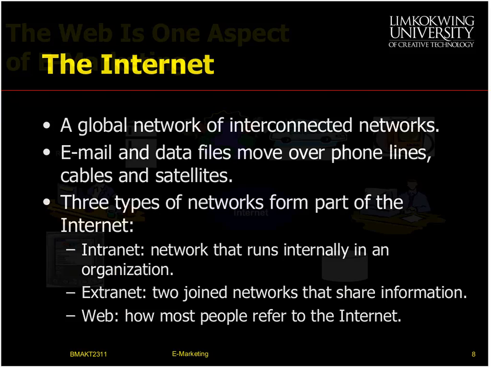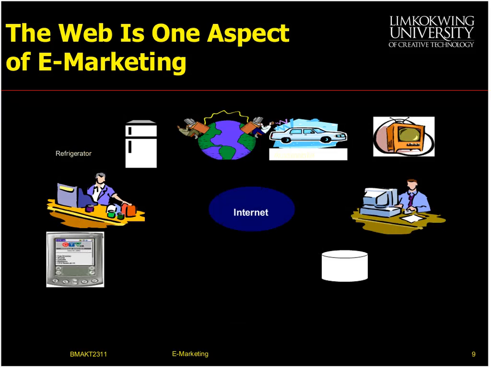Let's go further. The web is one aspect of e-marketing. What do you mean by one aspect? Let's put it this way. It's one of the dimensions in e-marketing. It means e-marketing by itself has its own dimension of principles of marketing, management of marketing, all aspects of marketing.